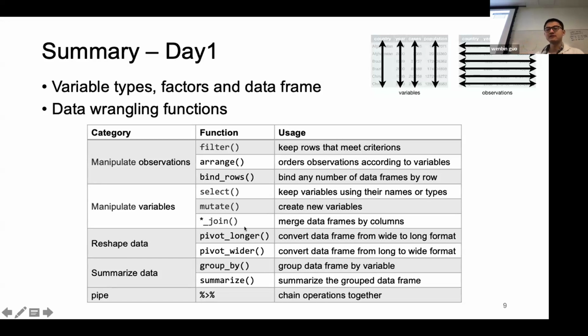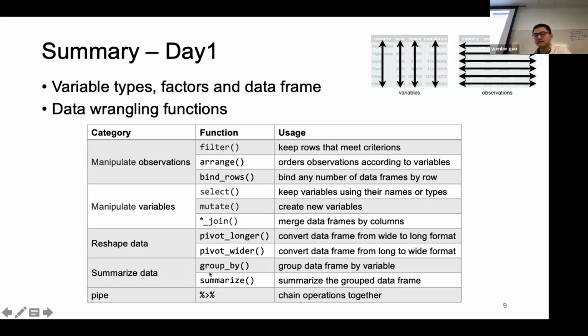This is sometimes really useful when you are using the facet function, where you want to convert some columns into just one single column, and then you facet this single column to make different panels. Each panel contains a subset of your data.